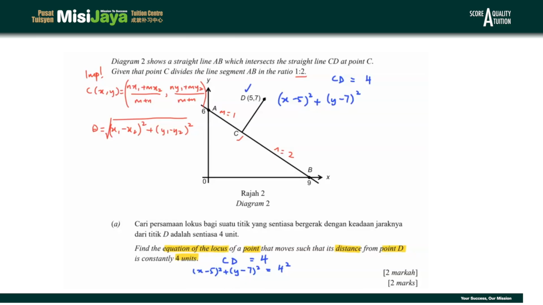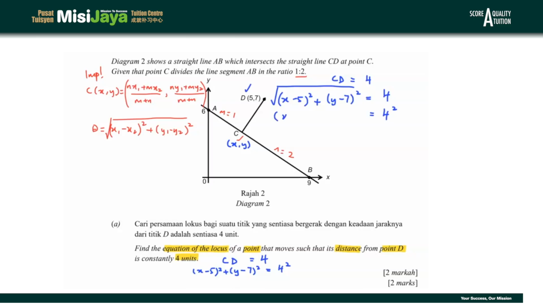Your C we don't know, so I just let it be (x, y). It equals 4 because of the distance formula, so now I have to move the square root sign to the right side, then it becomes 4 squared.